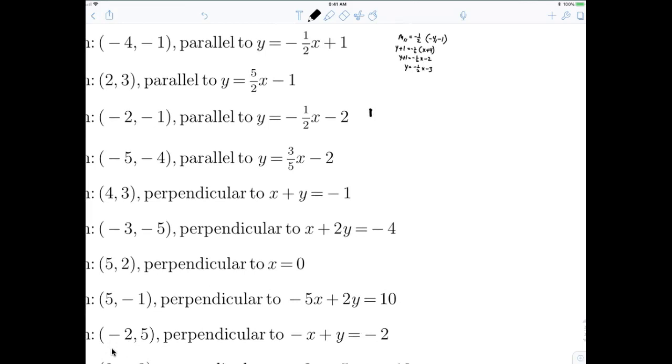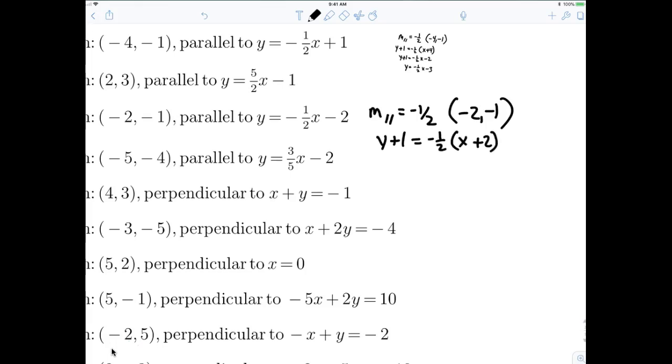Well, it's kind of the same problem, actually. Slope of the parallel line is -1/2, and it passes through (-2, -1). All right, who's going to be brave? The slope is -1/2, so it's y plus 1 equals -1/2 x plus 2.